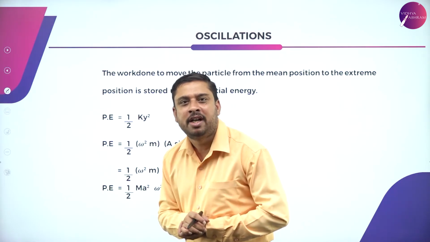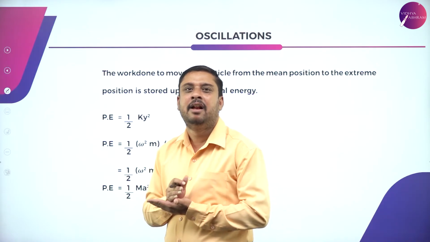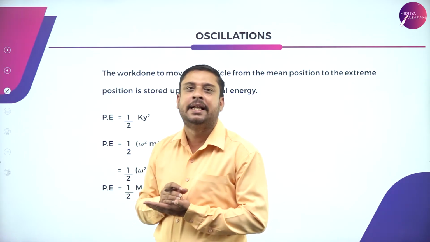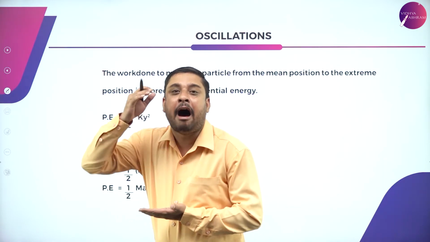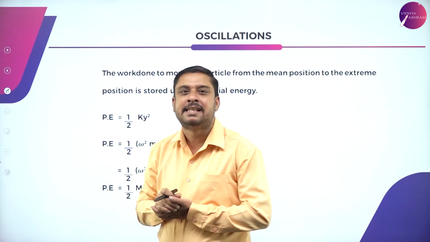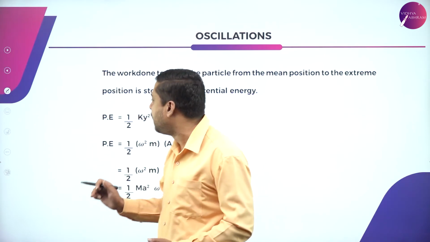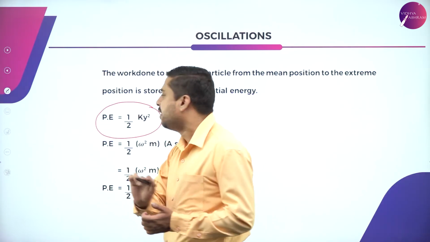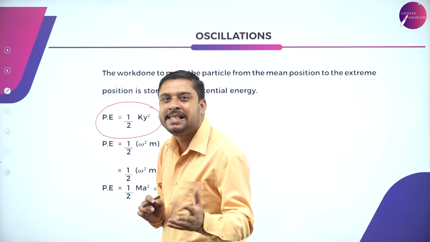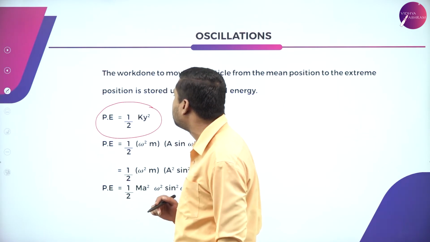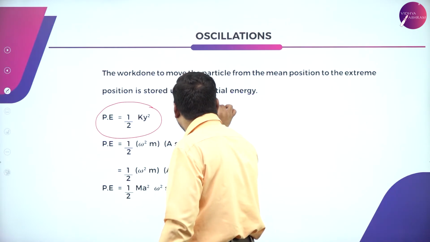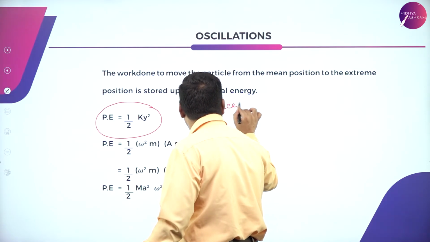My dear students, I told you any particle which exhibits simple harmonic motion is a harmonic oscillator, which can be treated as a loaded spring, and therefore the potential energy of a spring executing simple harmonic motion is half ky square, where k is a constant we studied before.